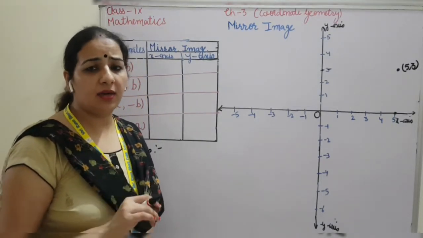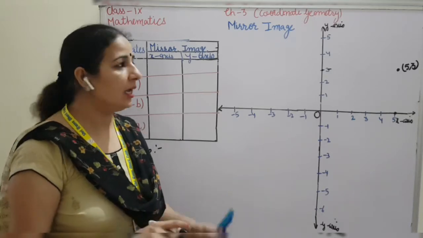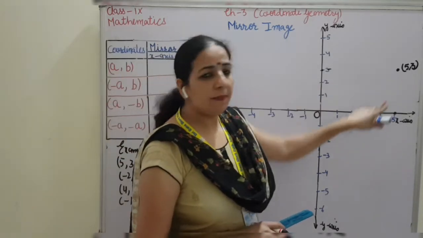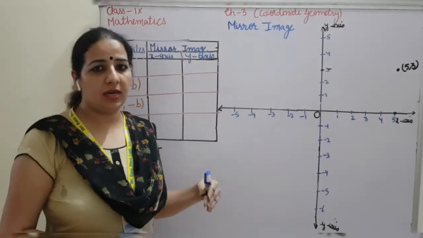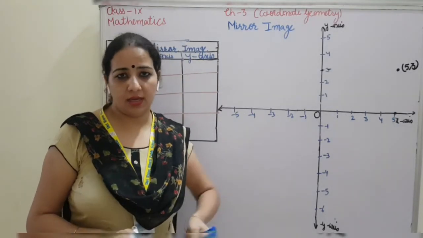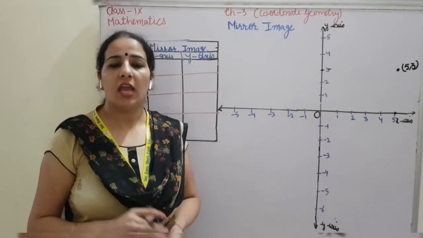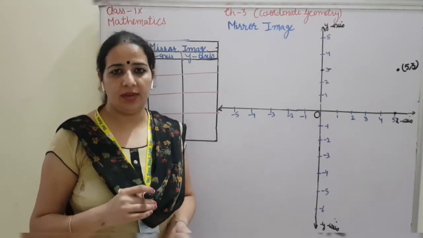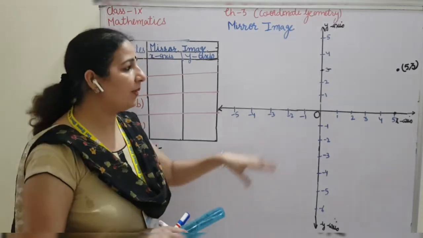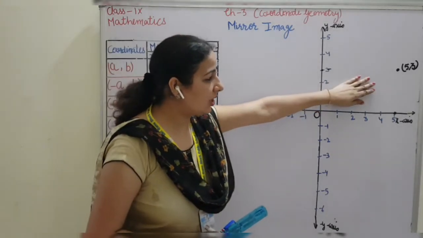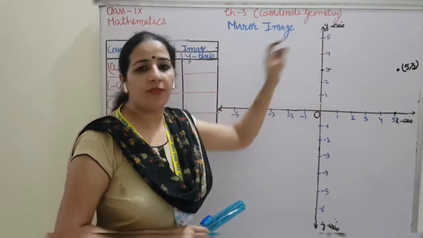The fact behind this is very easy. If we want to find the mirror image, first of all we have to be clear whether the mirror image is regarding the x-axis or the y-axis.